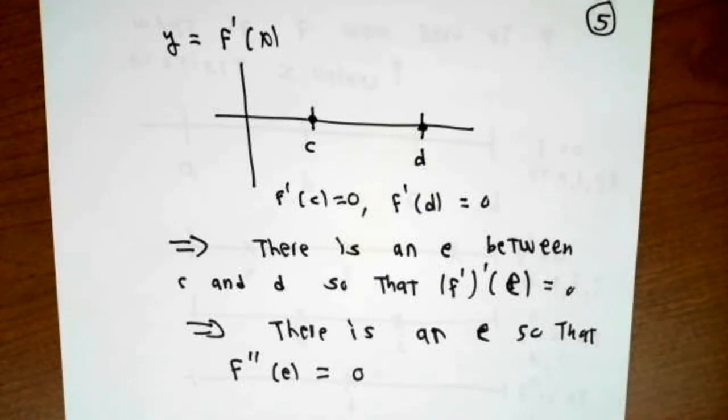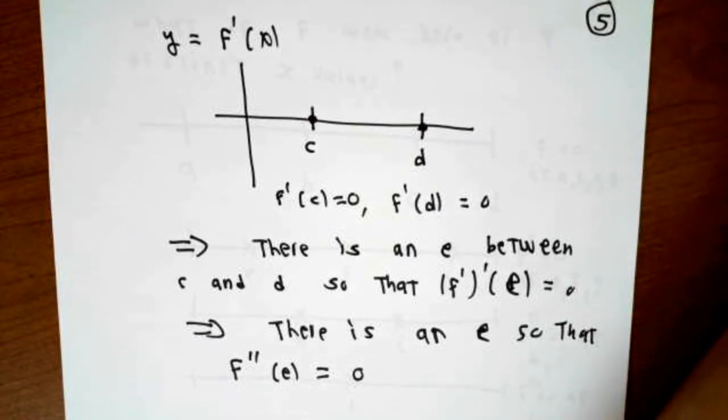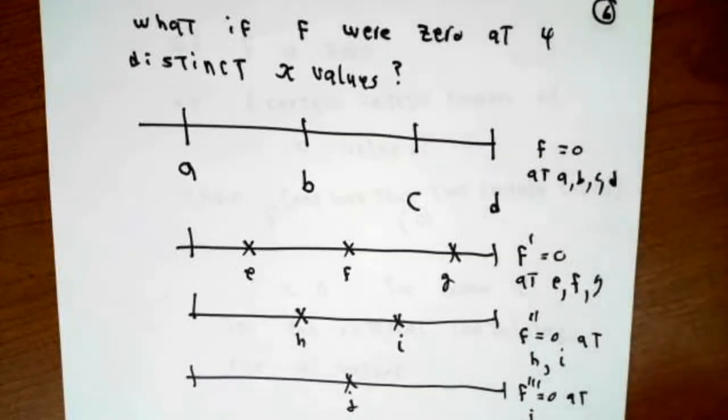The derivative of f prime, of course, is the second derivative of f, so that tells me there must be a place where the second derivative of f is 0. You can continue this line of reasoning in an obvious way.